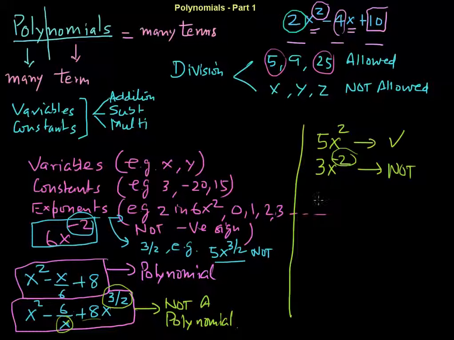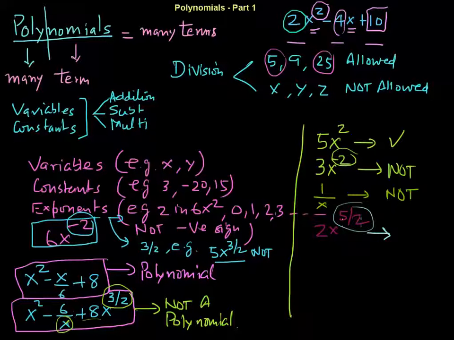Now let's see, 1 upon x, is it a polynomial term? No, it is not. Again, x is coming in the denominator. And then I can take an example, let's say 2x to the power 5 by 2, which has a fractional exponent, and that is not allowed, so again this is not a polynomial term.